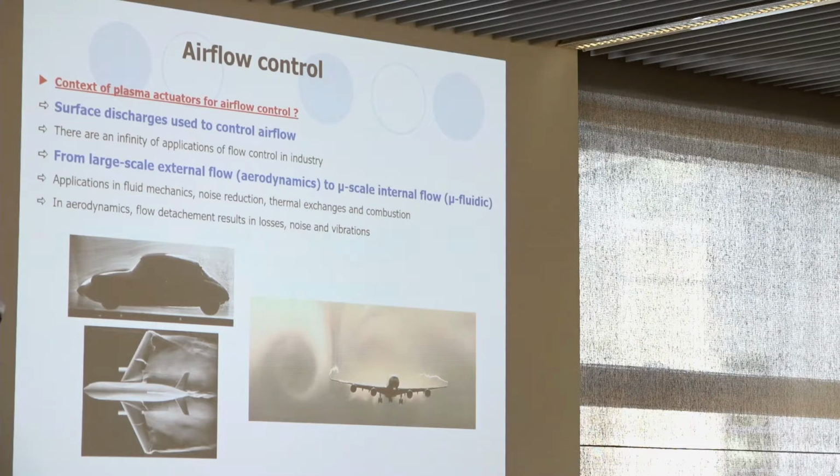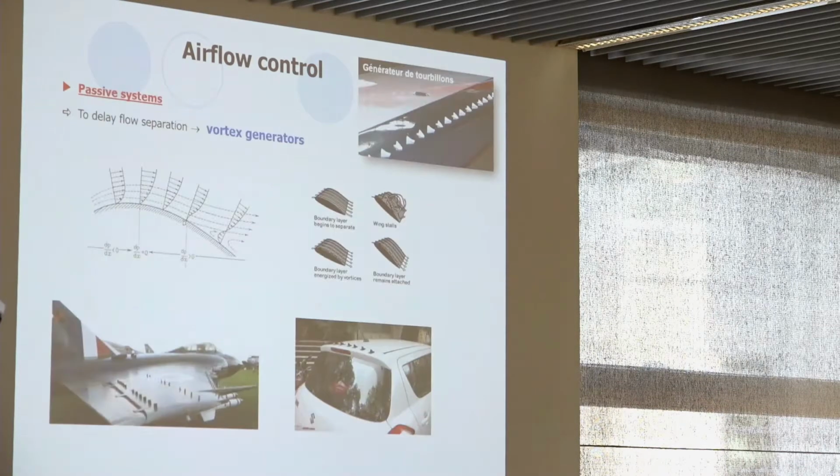And today I'm going to speak on aerodynamic applications, which is flow detachment, flow separation. It is when the flow separates from the wall of the profile, because that results in losses, noise, and vibration. So to delay the flow separation, right now we can use passive systems.